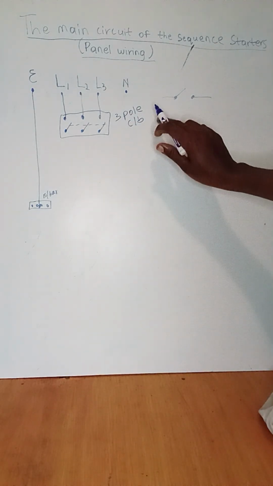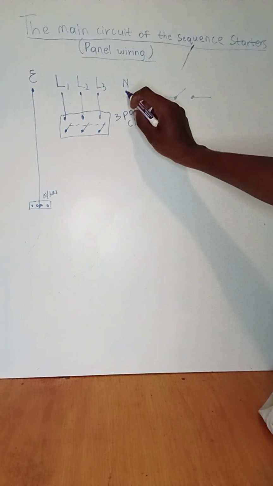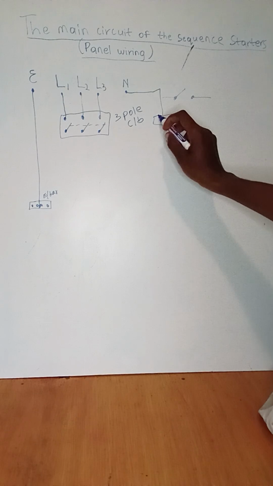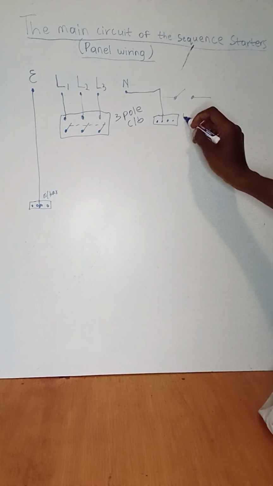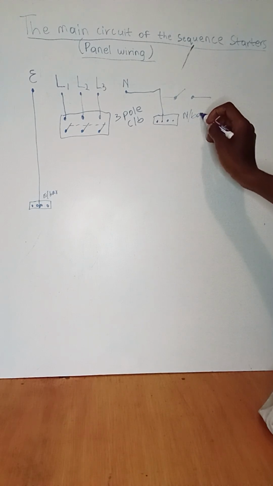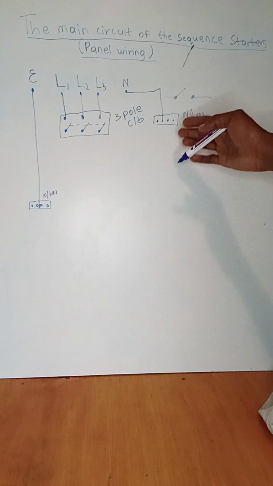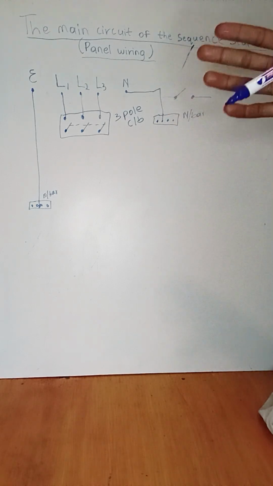The neutral will be connected to the neutral bar. Connected to the neutral bar, and wait for all the neutrals to be connected if they are there in our circuit.